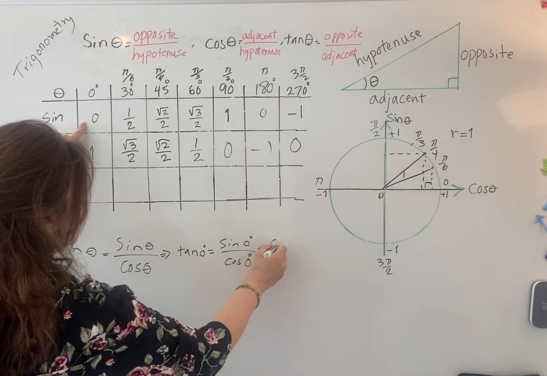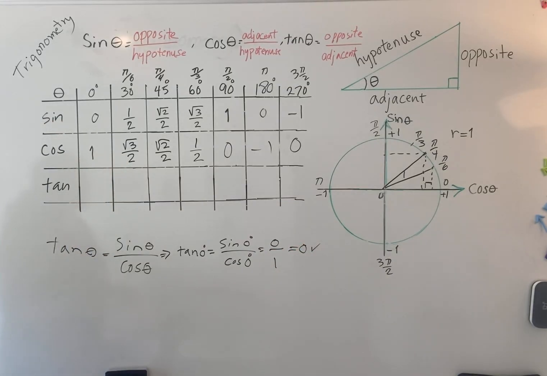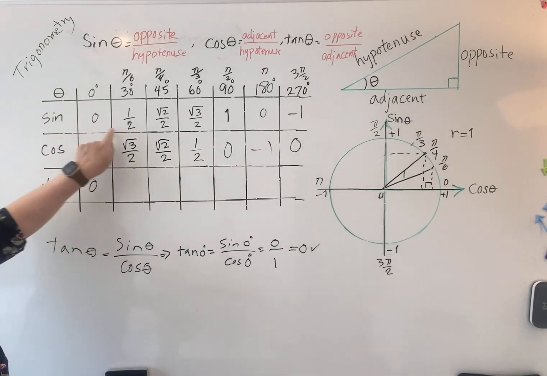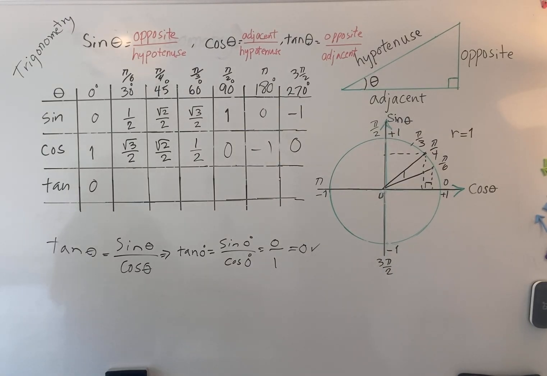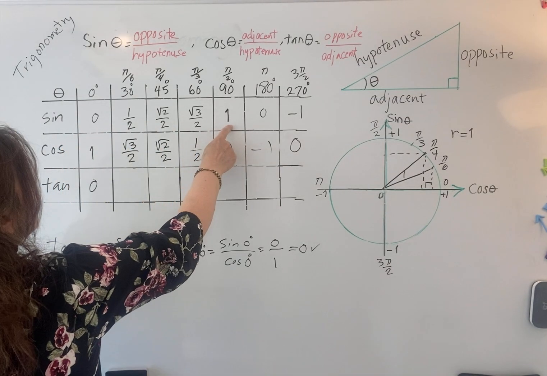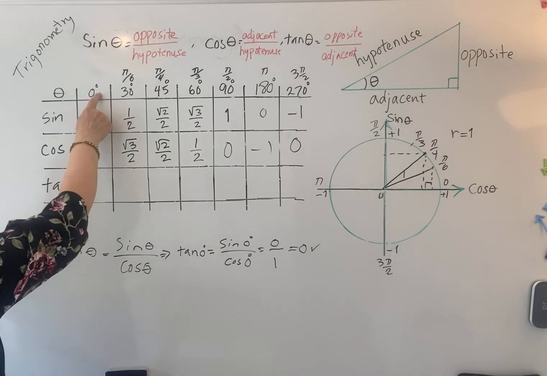This is 0 over 1, which is 0. You don't need to memorize this one, just this part. If you go to, for example, the SAT test, they have restrictions on using a calculator. That's why you need to memorize this one and find the rest from it. Tangent of 0 is 0.